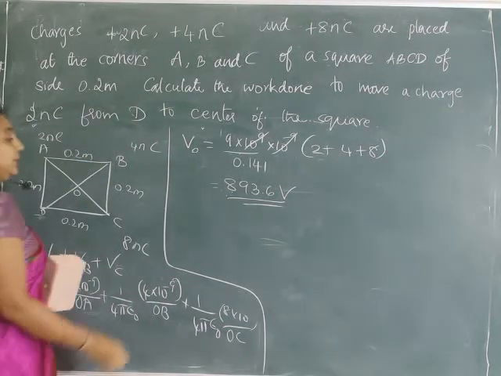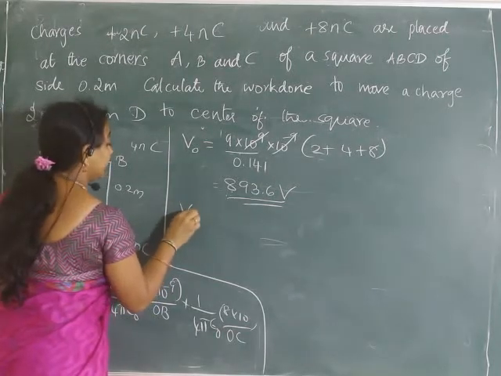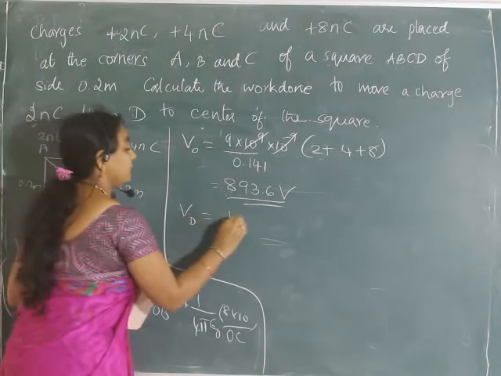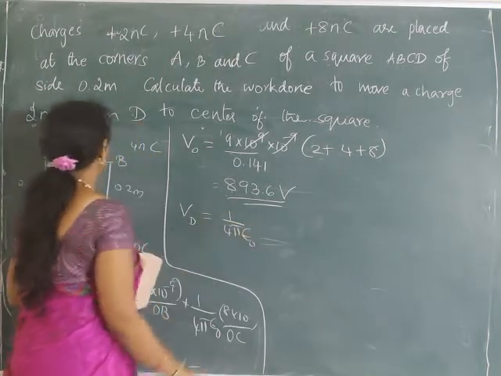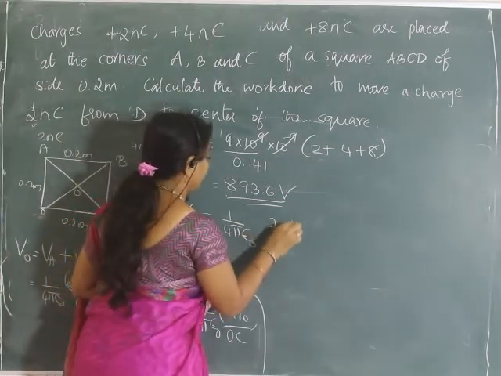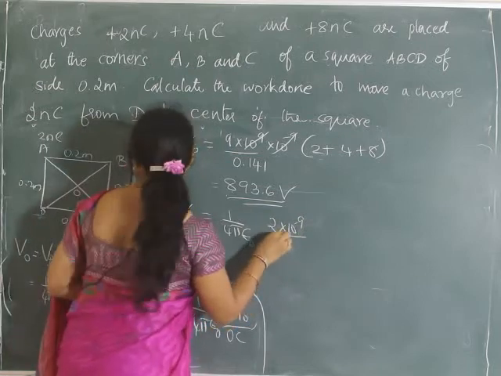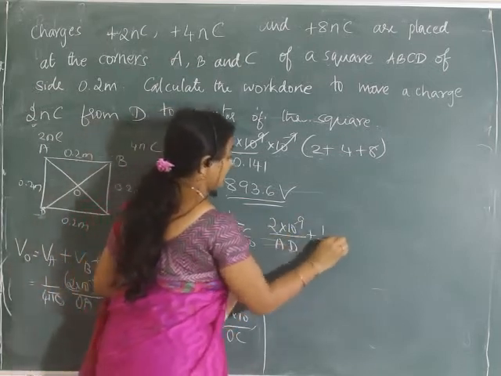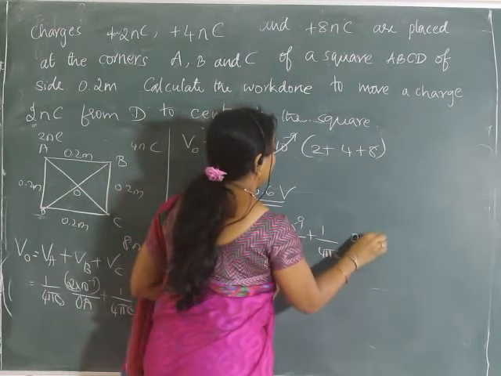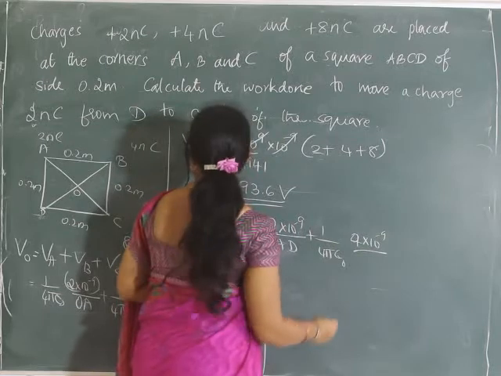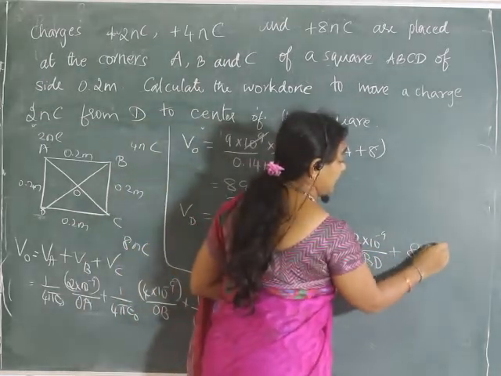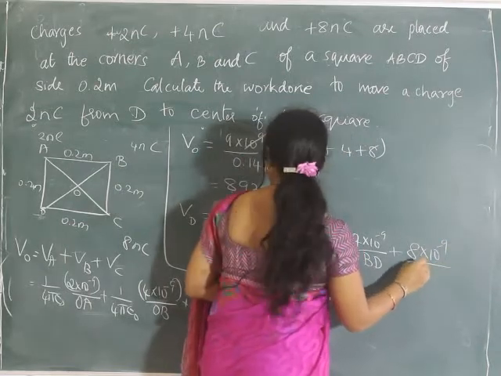Next, potential at D due to all the three charges is 1 by 4 pi epsilon naught, A, that is 2 into 10 to the power minus 9 divided by AD, plus 1 by 4 pi epsilon naught 4 into 10 to the power minus 9 divided by BD, plus 8 into 10 to the power minus 9 divided by CD.